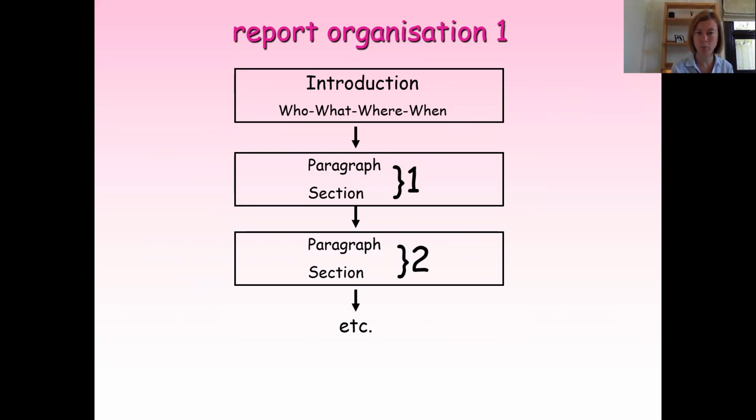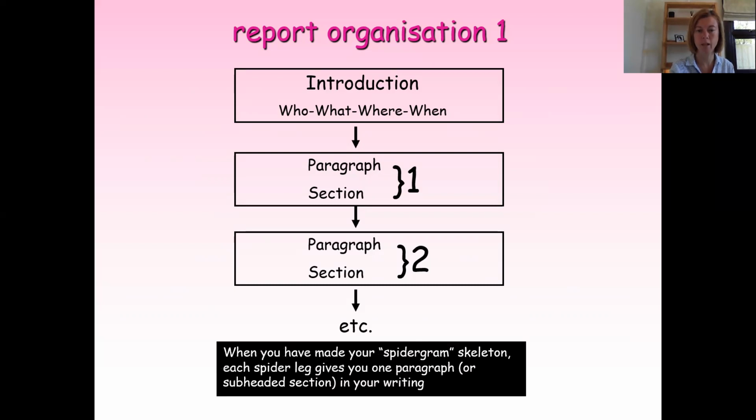So your introduction would be quite general about hedgehogs, and then you would choose a certain topic for each of the following paragraphs, for example, their diet or their habitat or their life cycle, and each of those topics would have a paragraph written about them. And I'm going to show you in another video how to plan your non-chronological report using a spider diagram.